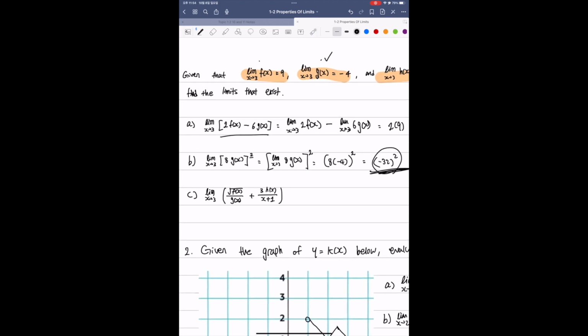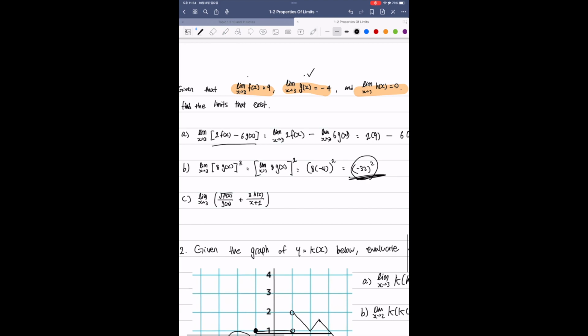C could be kind of tricky for you guys, so try it on your own and then find your answer later. To find your answer, you need the information for all three functions.